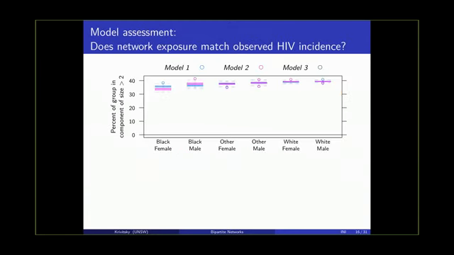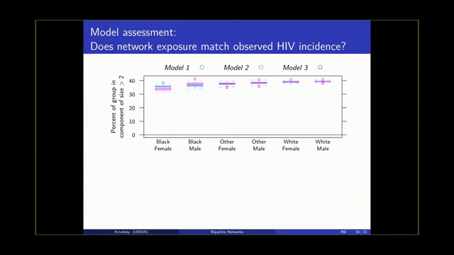Then we can also simulate and see how exposed different people are in the network. So in this case, this is the percent of individuals who are in a component of size greater than 2. A component is basically the set of people who can be reached through the network. So a component of size 2 is just 2 people who are each other's partners and nobody else's.